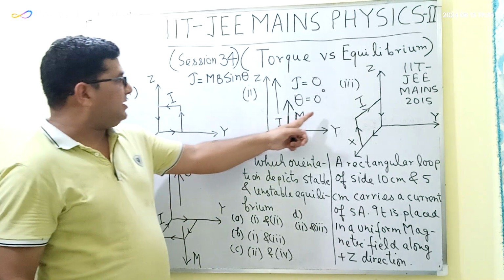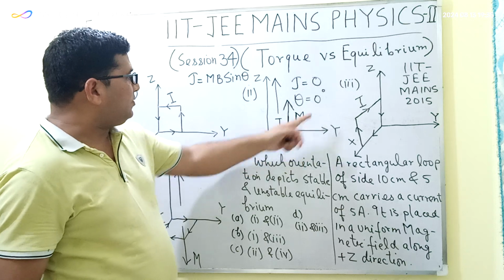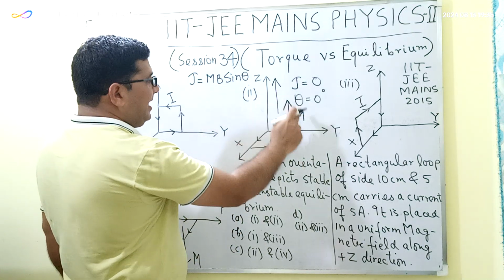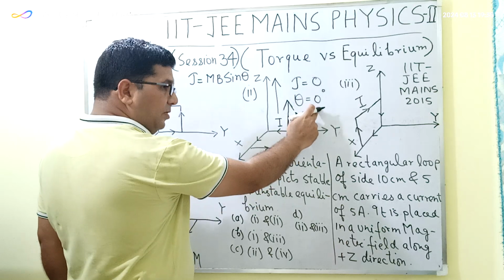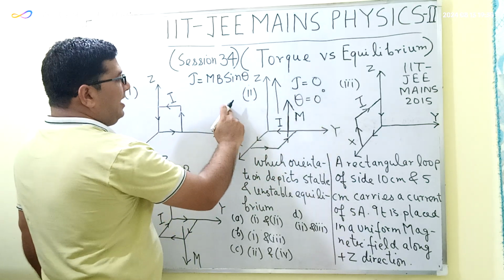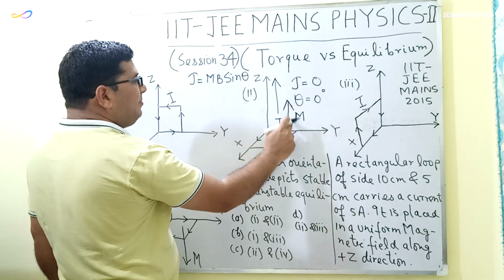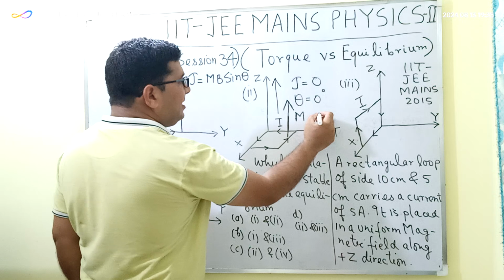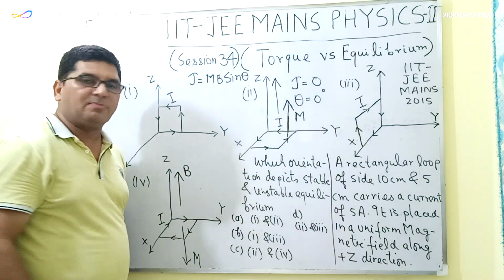So in this case, in figure number 2, the angle between the direction of the magnetic field and the direction of the magnetic moment is 0. So in this case, the torque will be equal to 0, and since the angle between the magnetic field and the magnetic moment is 0, this figure depicts the condition of stable equilibrium, that is figure number 2.